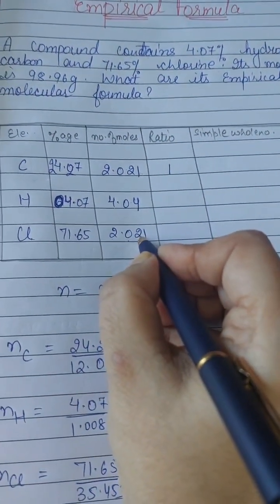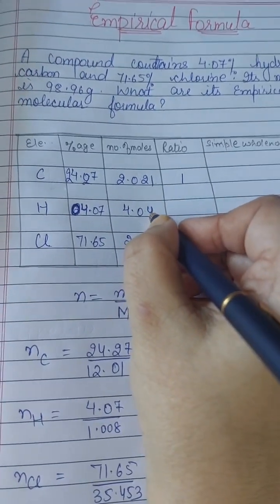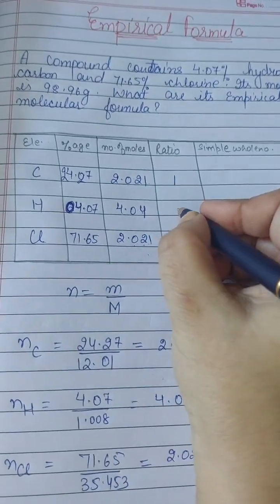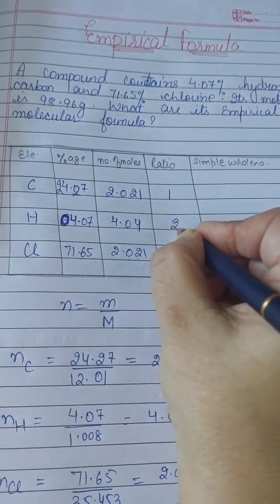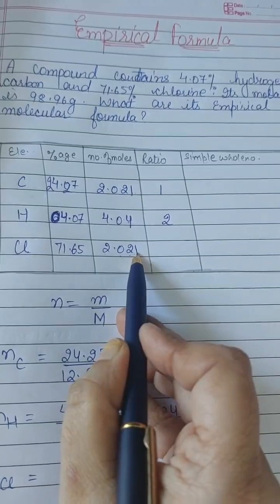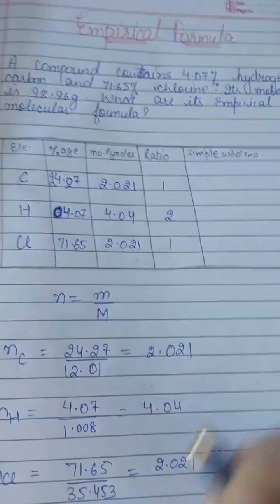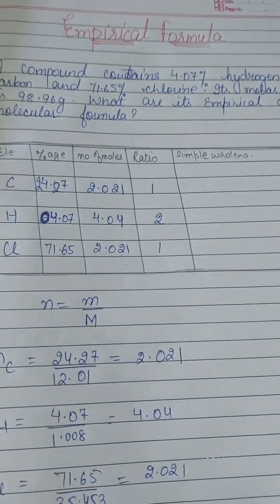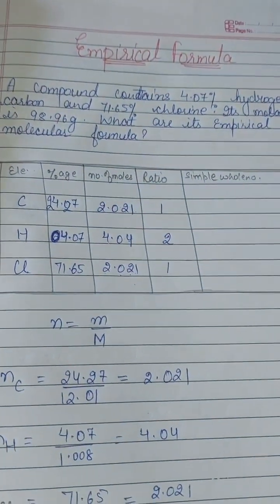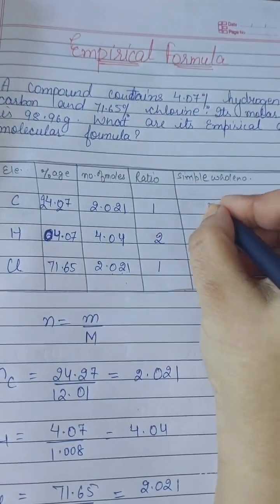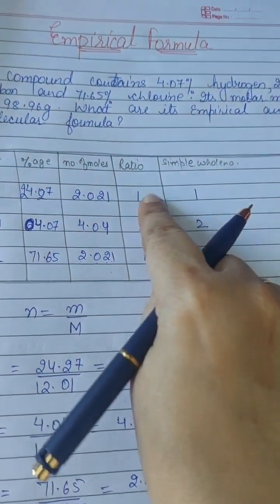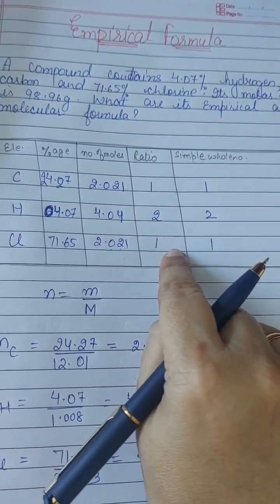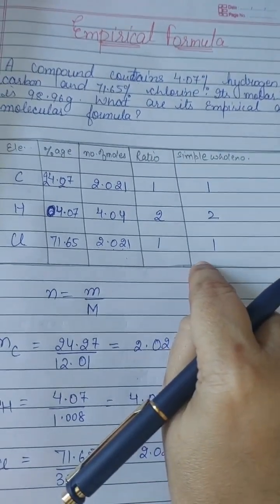Dividing the number of moles of hydrogen, we will get 2, and for chlorine, 2.021 divided by 2.021, we will get 1. Now these are simple ratios, so our ratio will be the same. So what will we write? 1, 2 and 1. If these are decimal numbers, then we will write their nearest whole numbers.